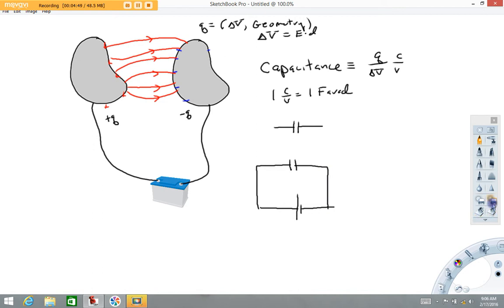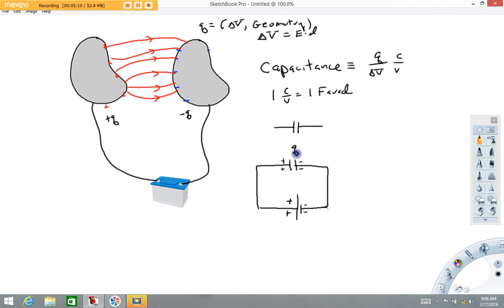In my picture, this is the positive terminal and this is the negative terminal. My capacitor then would be charged plus Q on the left side, minus Q on the right. And again, we would say that the capacitor has a charge Q.